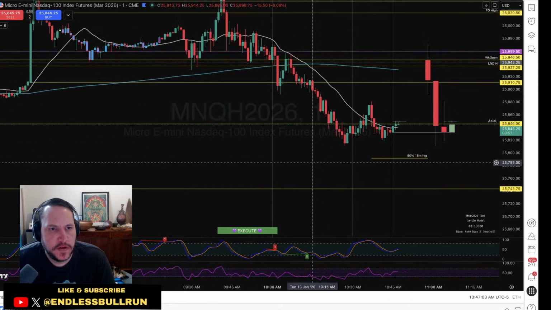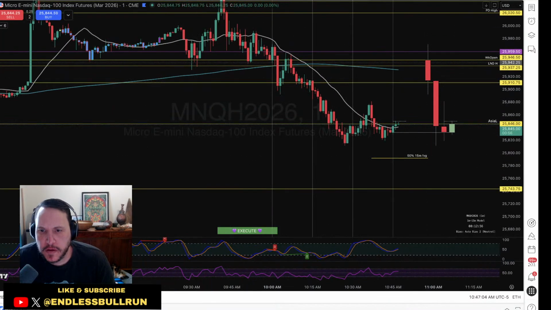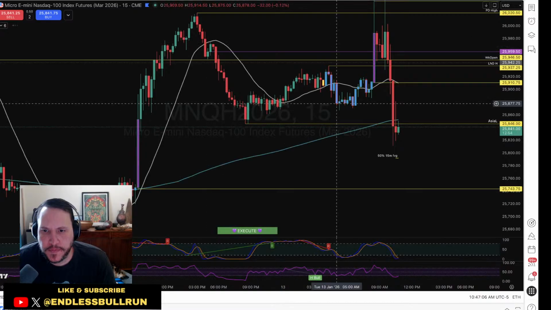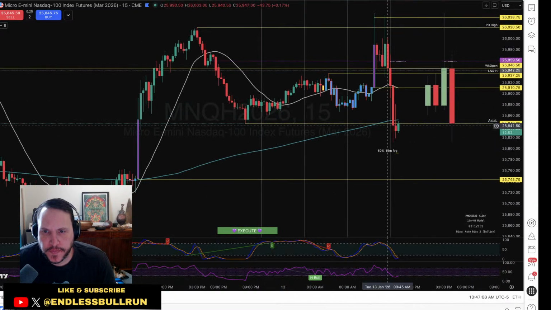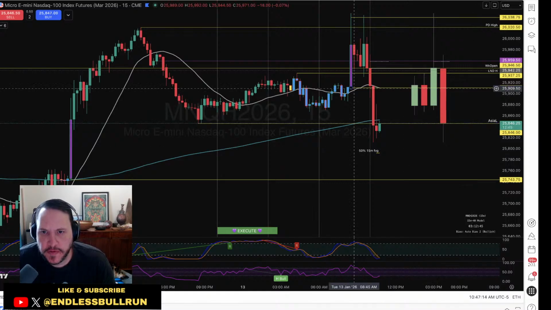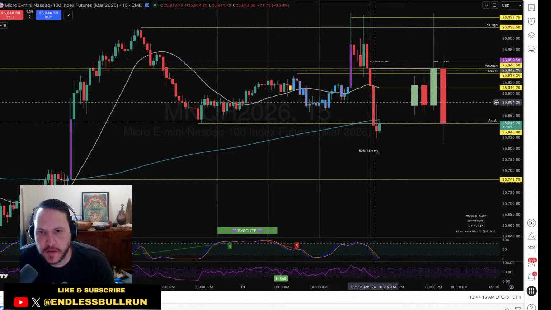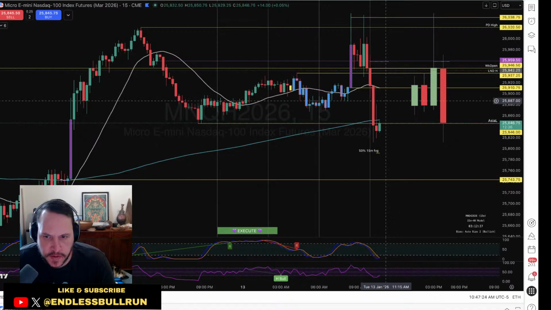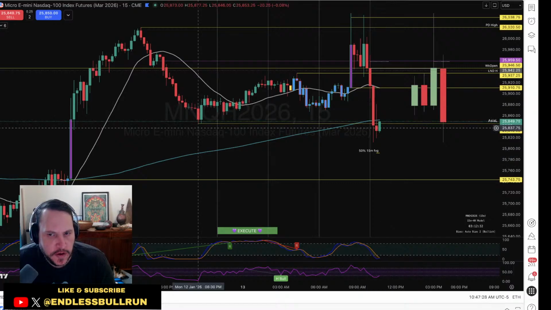Structure on the 15 is kind of gross though. I missed that bigger 15-minute fair value gap. There's a tiny one here. I overlooked this one last time I was talking about fair value gaps. So there are some targets above. I have some targets below, but it's going to be hard to get through that though.